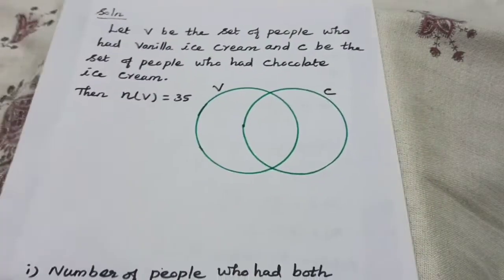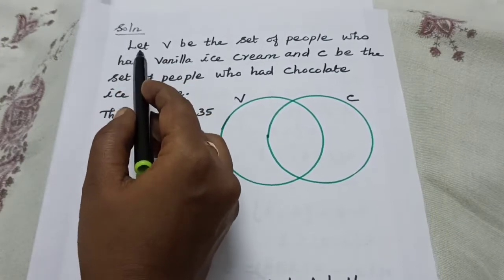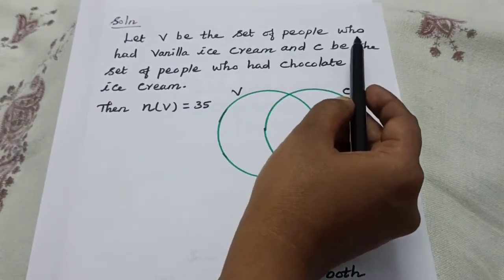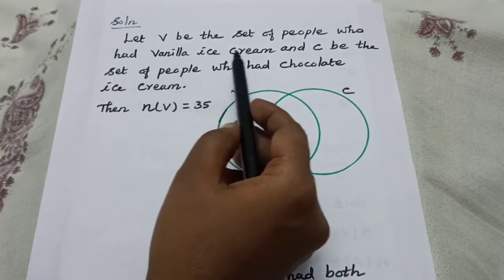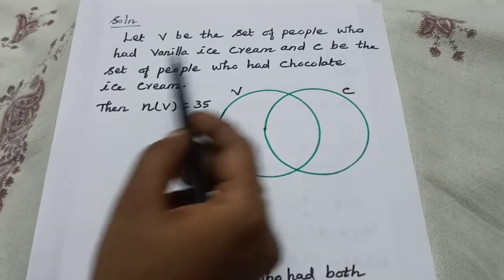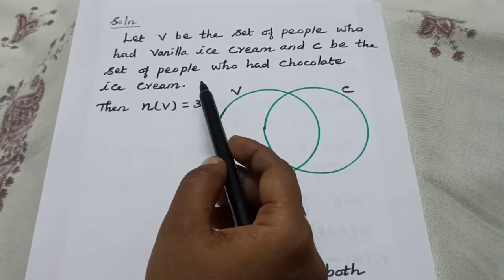Then solution: let V be the set of people who had vanilla ice cream, and C be the set of all people who had chocolate ice cream, isn't it?